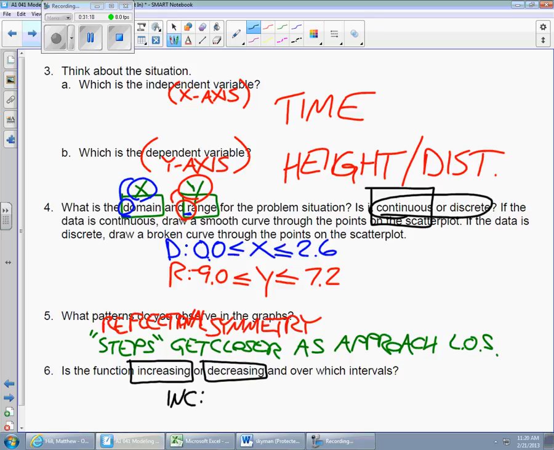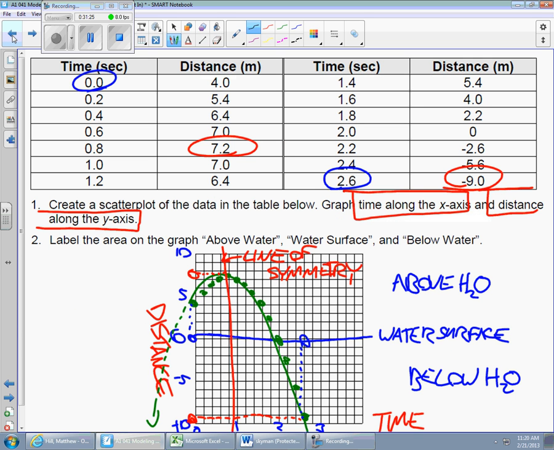We're going to have an increasing interval and a decreasing interval. Let's see what interval it is increasing and what interval it is decreasing. Pretty obviously, guys, increasing simply means the graph is going upward. So we're talking about these points that are climbing higher in the graph. So it is increasing on that interval.